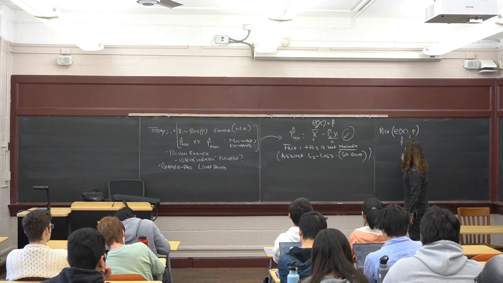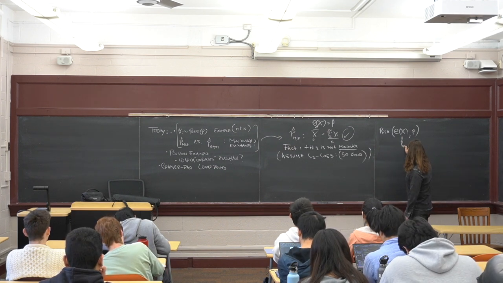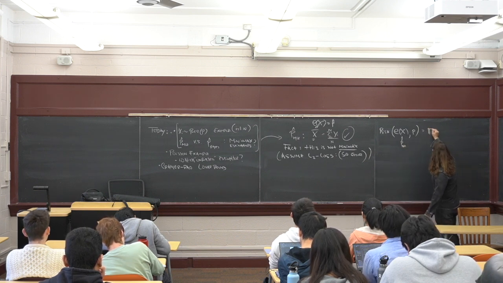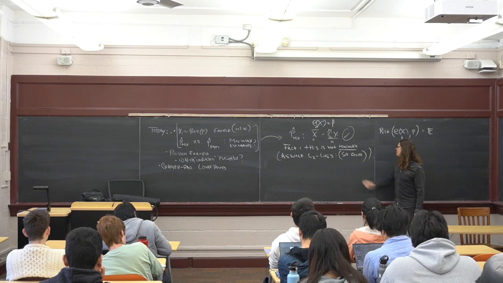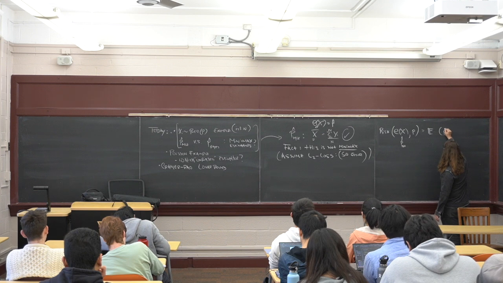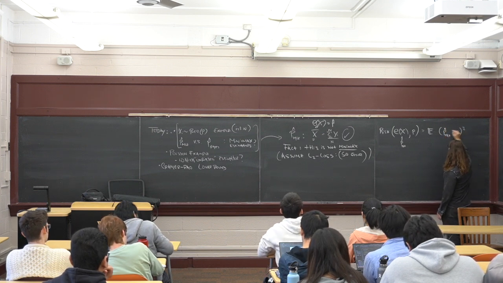Again, sometimes I call that P hat. For the MLE, this is just going to be the expected value under L2 loss of this thing. So I'll just write it down a different way: P hat MLE minus P, squared.